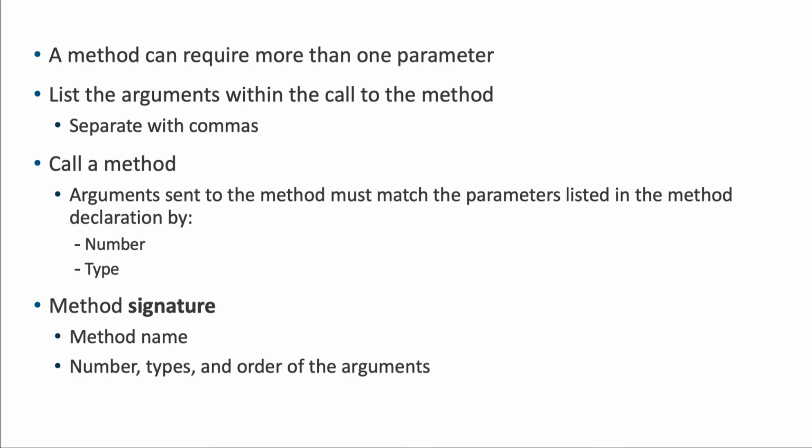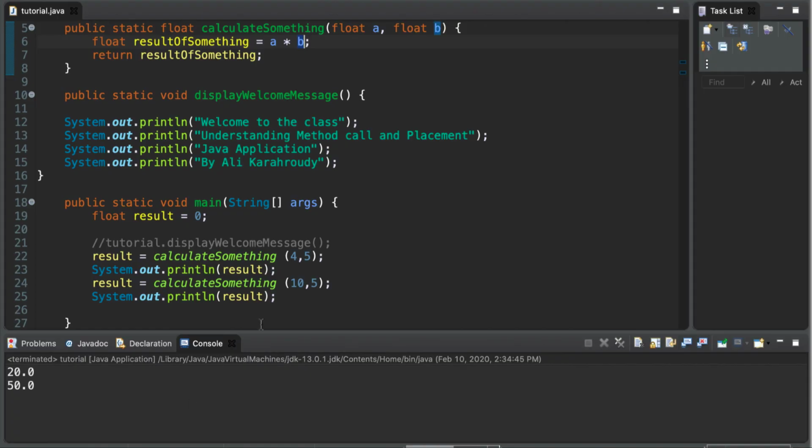For example, if we call our method over here and do something like this, now we have an error because the number of parameters and arguments we're passing to the method are more than what it is expecting. And I also showed you if you are passing something that doesn't work in the type, you still get an error.